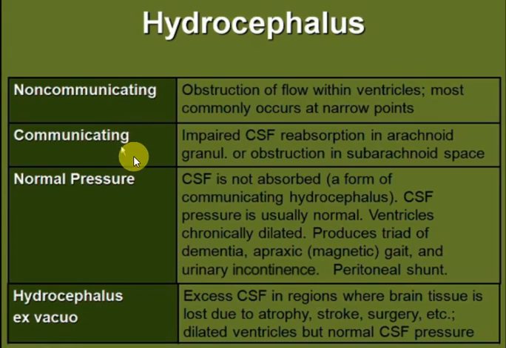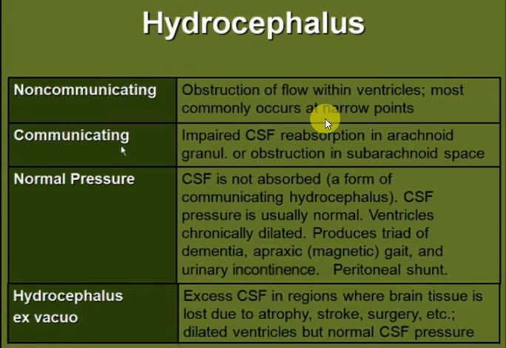Let's discuss some of the forms of hydrocephalus that occur due to obstruction of the CSF flow. Basically it's of two types: non-communicating and communicating hydrocephalus. The non-communicating type occurs when there is obstruction of flow within the ventricles.